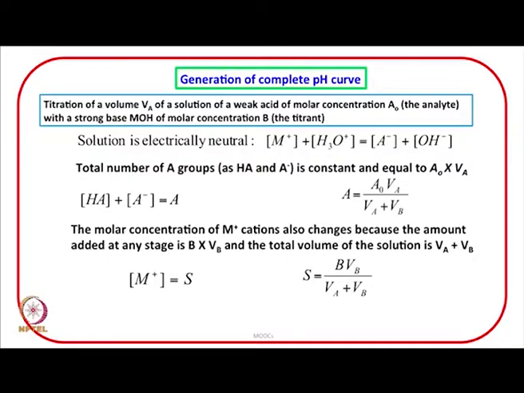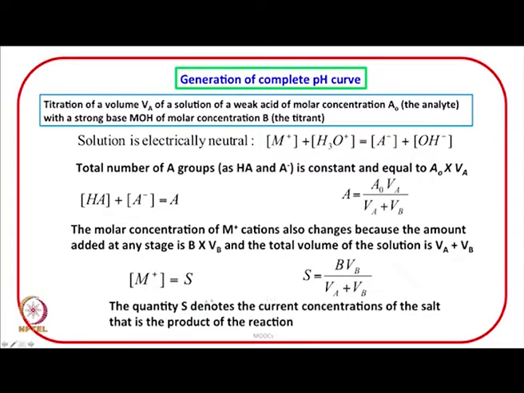The point to be noted in this discussion is that we are writing M plus equal to S. S is the concentration of salt formed, which will be equal to the amount of cations given by the base. And this S is equal to B times VB over VA plus VB by the same arguments that we discussed earlier.